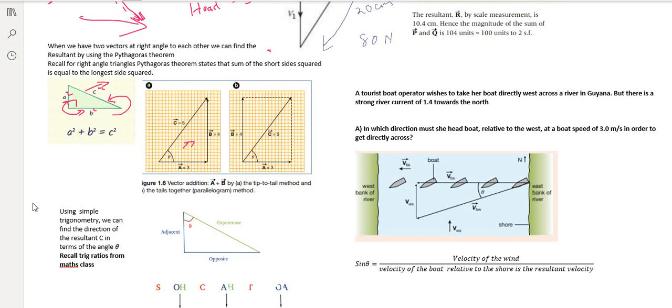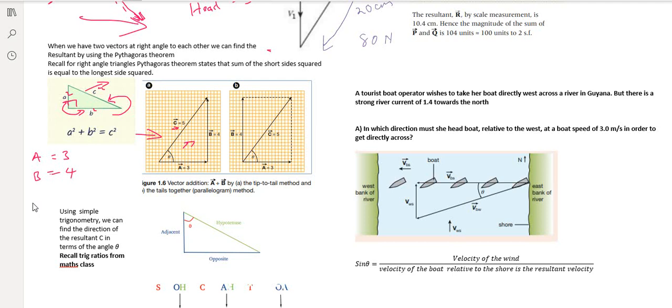So in this case, it's quite easy. If I know a already from this example, a is 3, and then b is 4. Let's just imagine that we don't know what c is.